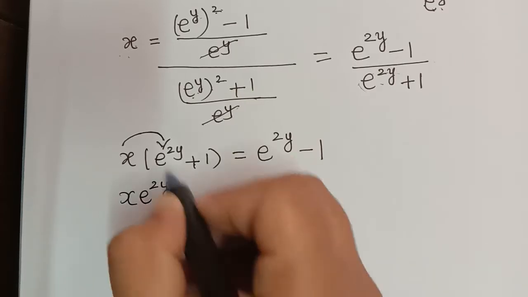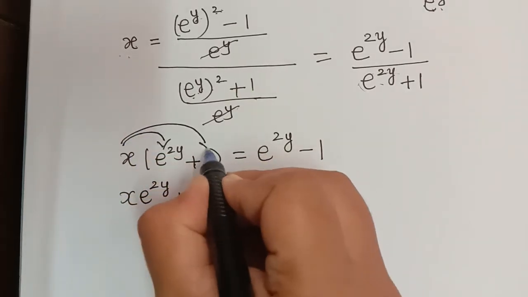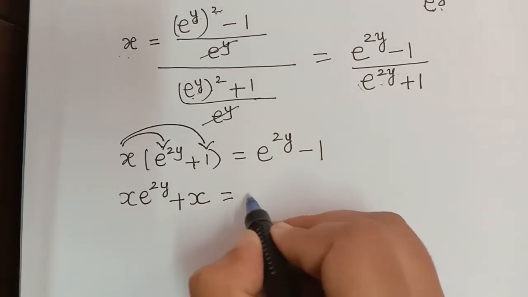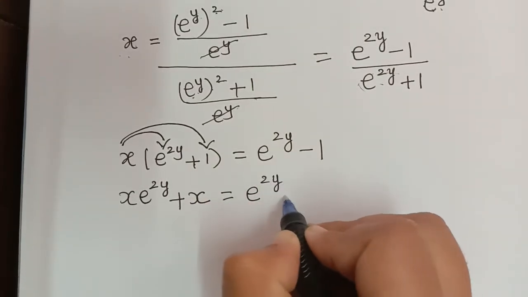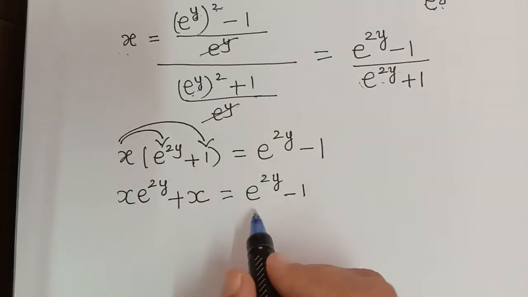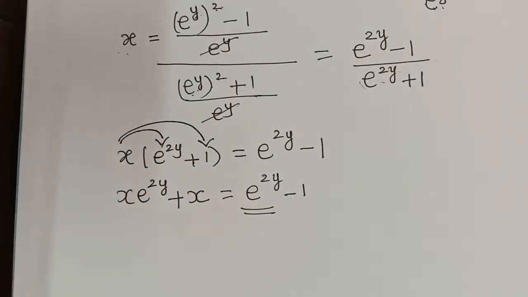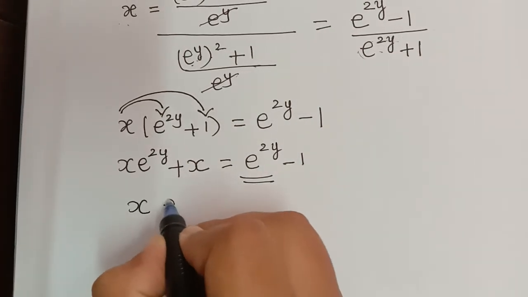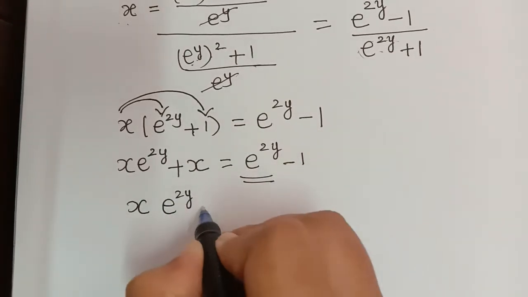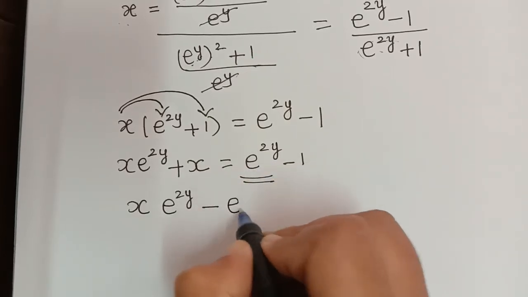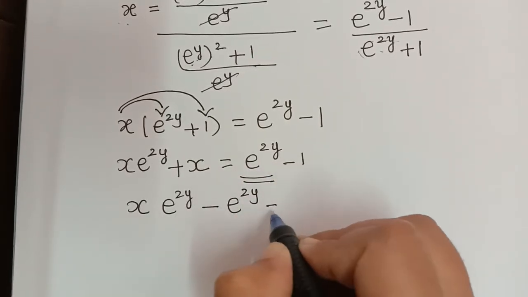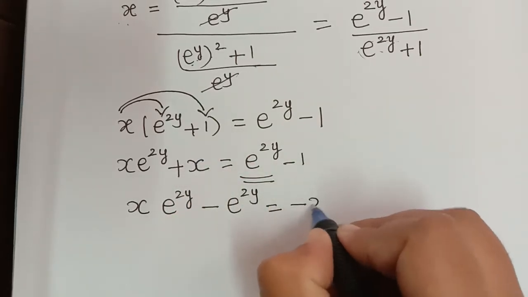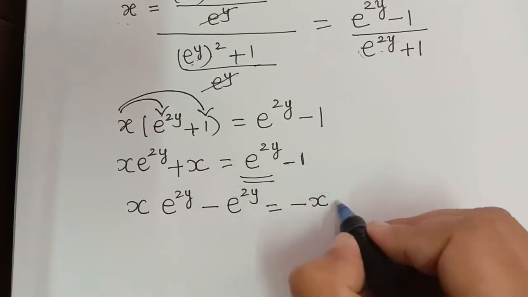Then plus, and again x gets multiplied with this 1, so x multiplied with 1 is x, equal to e power 2y minus 1. Now we can bring this e power 2y to the left side, and so we get x e power 2y, then, when it comes to the left, it becomes negative e power 2y, equal to this x, which when taken to the right becomes negative x, and here we have a negative 1 that we will write here.